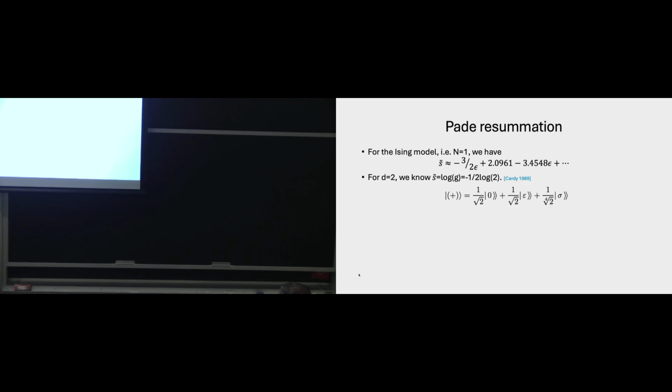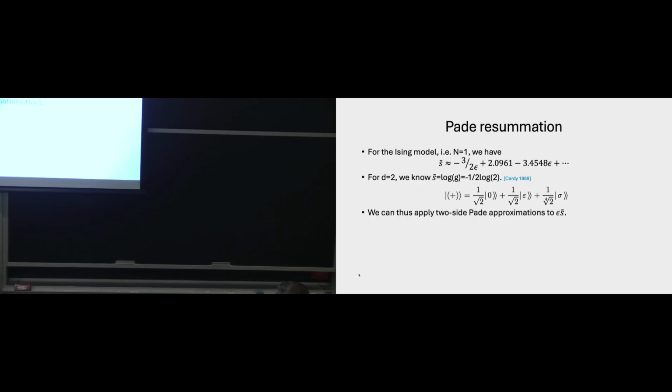And these are the Ishibashi states, and basically the definition I gave resolves the coefficient to 1 over square root 2, and that gives the g function.